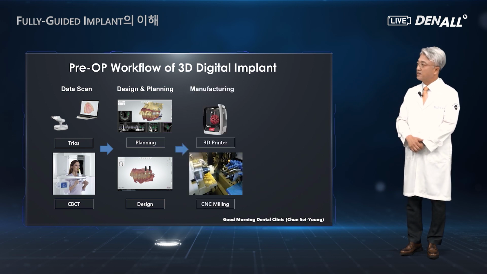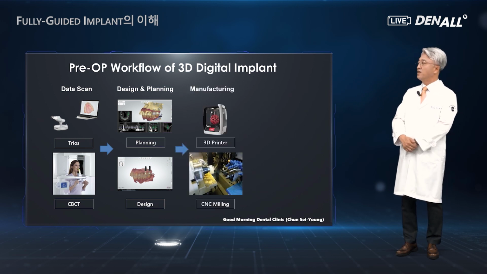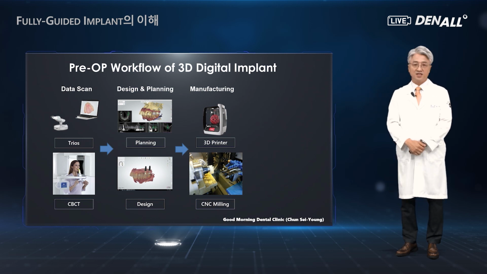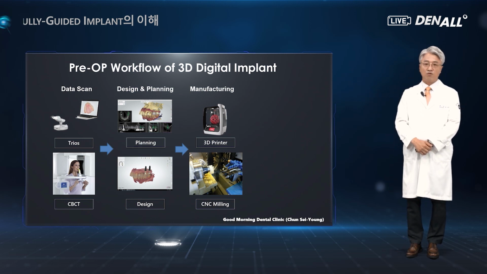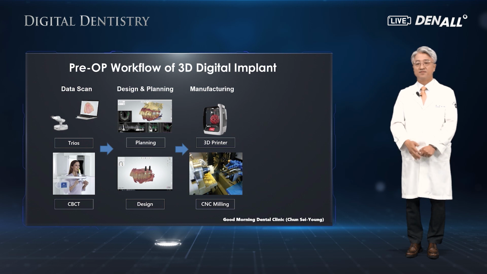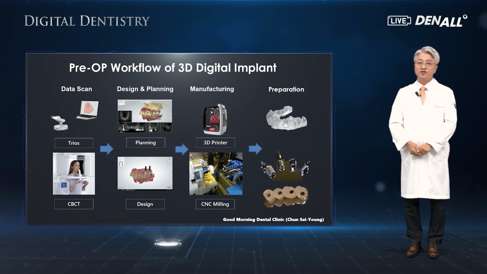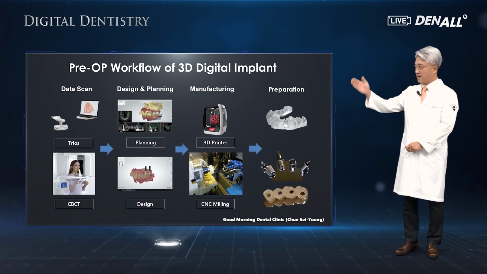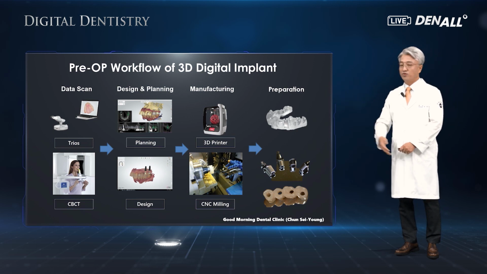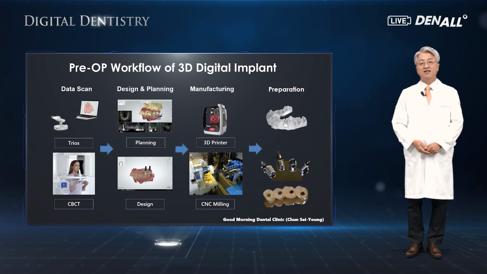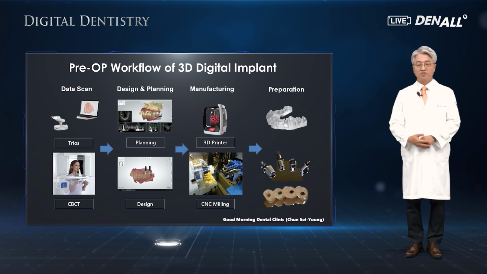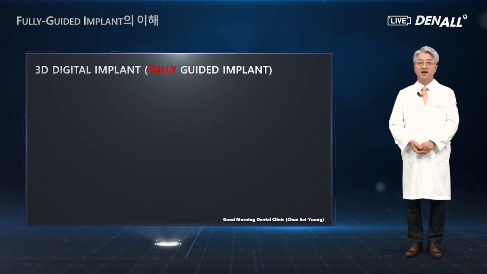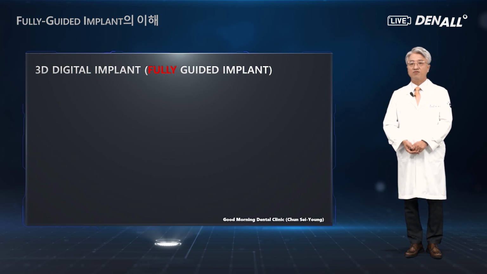That is the design stage. Next, the designs are fabricated using 3D printers or CNC milling machine. That's the production manufacturing stage. Before surgery, guide, abutment, prostheses are prepared. So this is the final preparation stage before surgery.